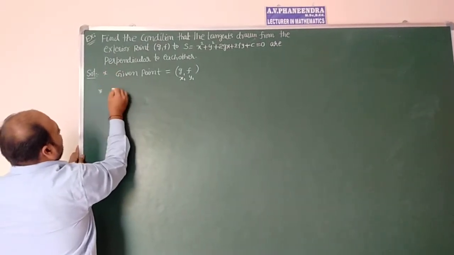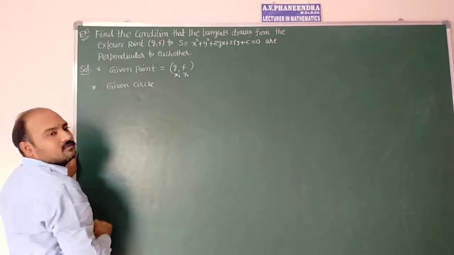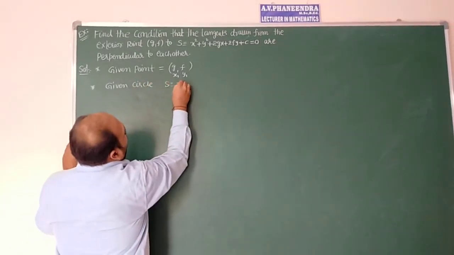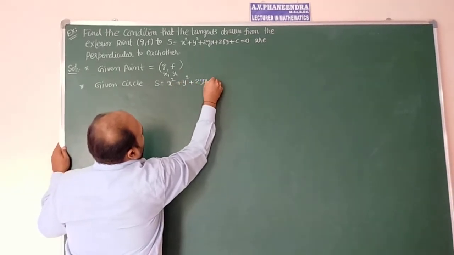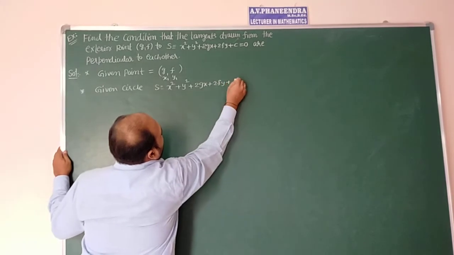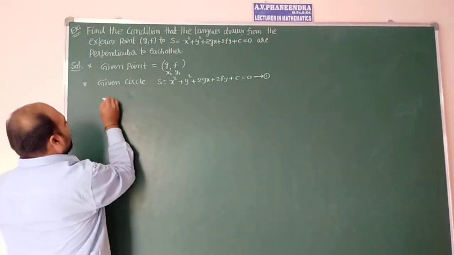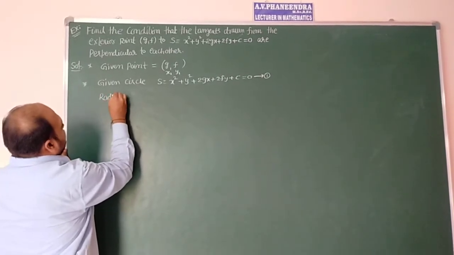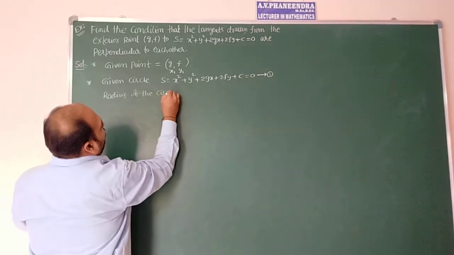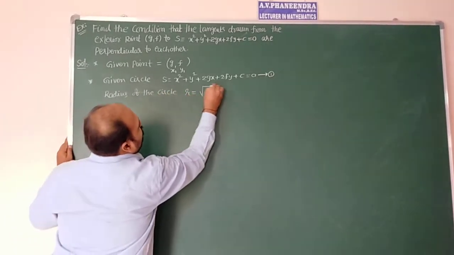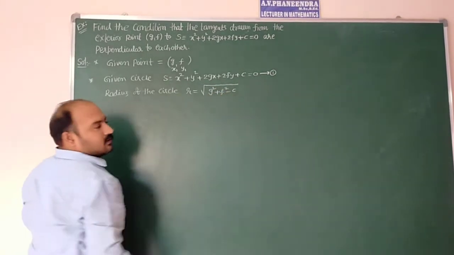Next, given circle S equal to x square plus y square plus 2gx plus 2fy plus c equal to 0, equation number 1. For this, the radius of the circle r equals square root of g square plus f square minus c.